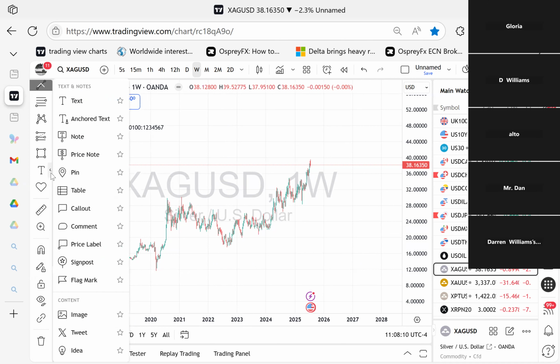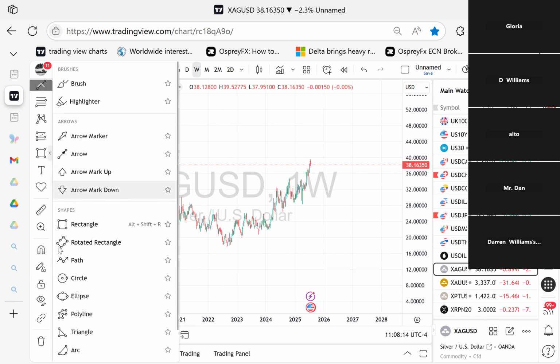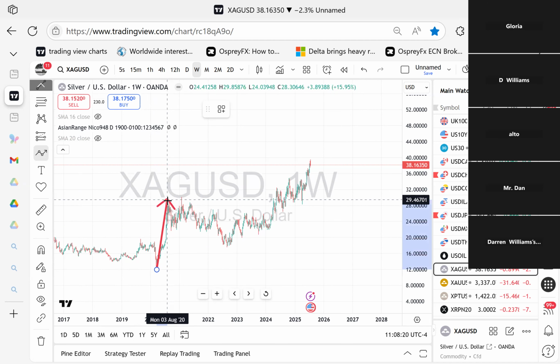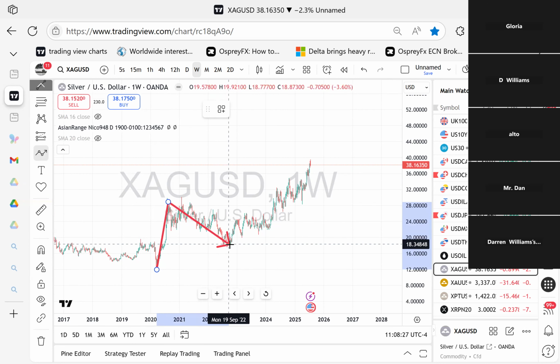So we're looking for the overall structure of this chart. What I would do is start here and draw my structure, right? For all intents and purposes, I'm going to skip all this squiggly, right?